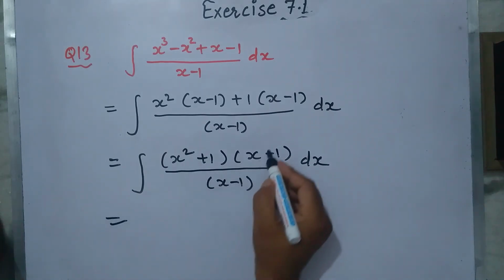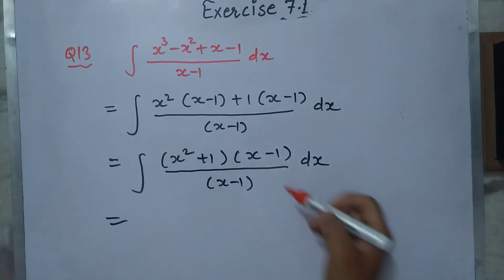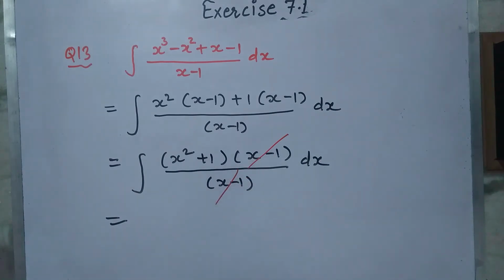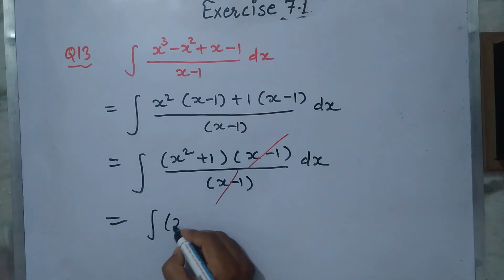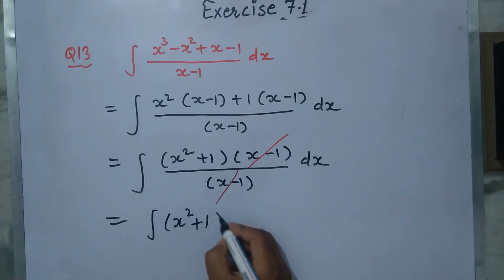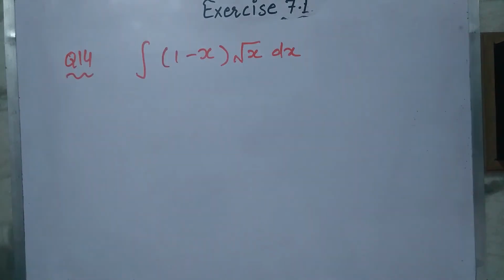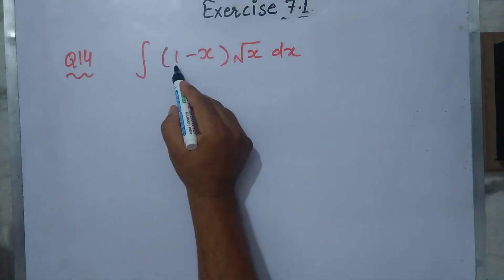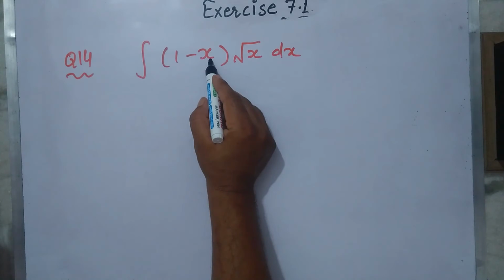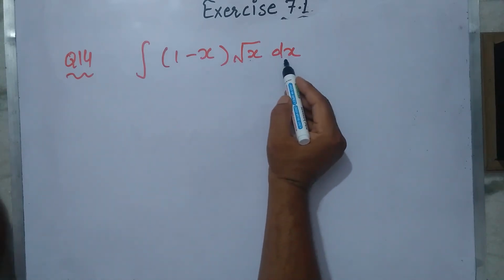So x - 1 cancels out. We are left with x^2 + 1 dx. So the final answer is x^3 upon 3 plus integration of 1, which is x, plus c, the constant of integration. Now our next question is integration of (1 - x) into square root of x dx.